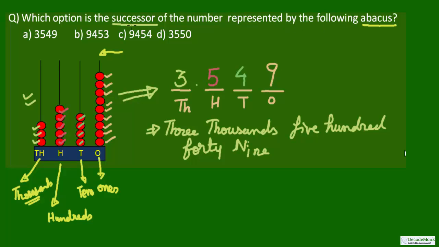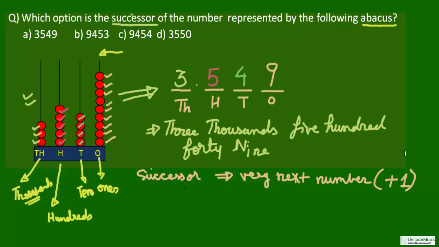So this question also makes us understand that we need to understand the question in the proper way for answering it properly, because here you need to understand what is meant by successor, which I have already told in some other video: successor means the very next number, and you have to do plus 1 with that. Means if you are going to find the successor of any number, you have to add 1 to that number.